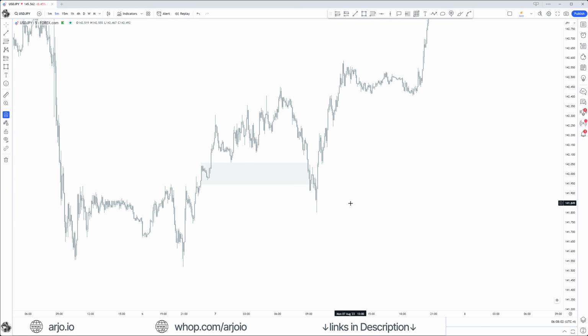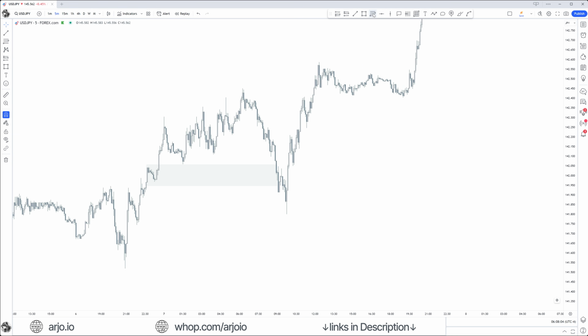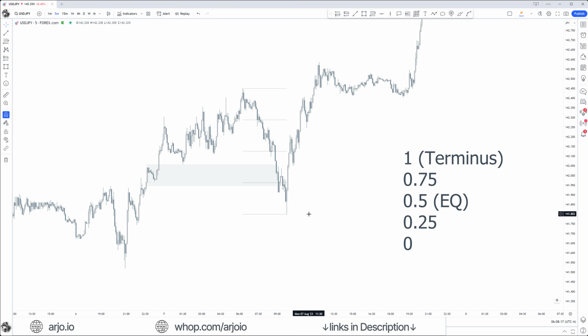And here again, we are using the same exact steps. We draw our swing rates from that intermediate term low to that intermediate term high. Then we have the same levels. So now the levels are inversed. We have 0, 0.25, 0.5, 0.75, and of course 1, terminus.